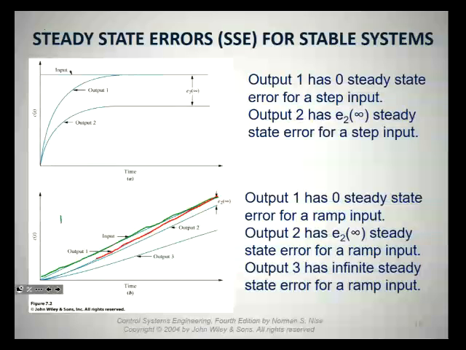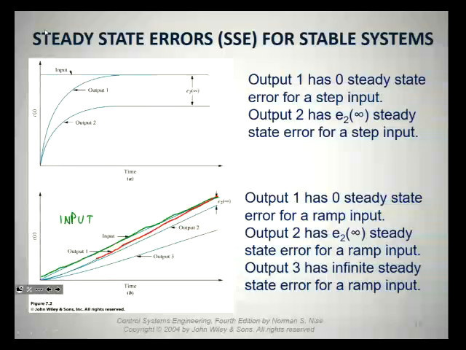Output 2 has the same slope, but just continuing, so that one's got a constant steady state error. When that system has settled, there'll always be a specific error, and it's not going to change.